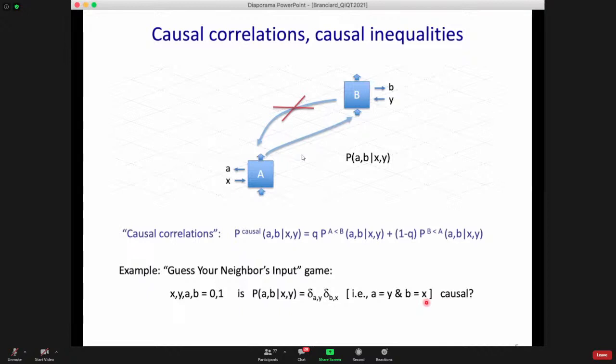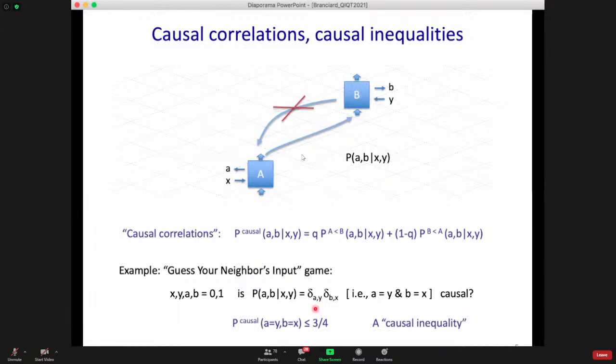Well, as we saw before, it is fine for Bob to guess Alice's input, because she can send it to him. But clearly, if Alice is in the past of Bob, then Alice cannot guess Bob's input, which will be given to him in the future. And if this is random, there's no way for her to always guess his input. So this is not causal.